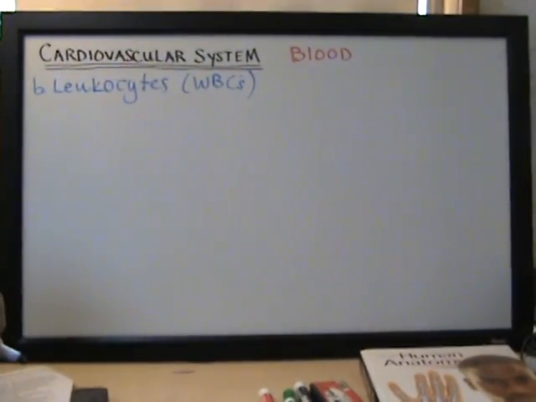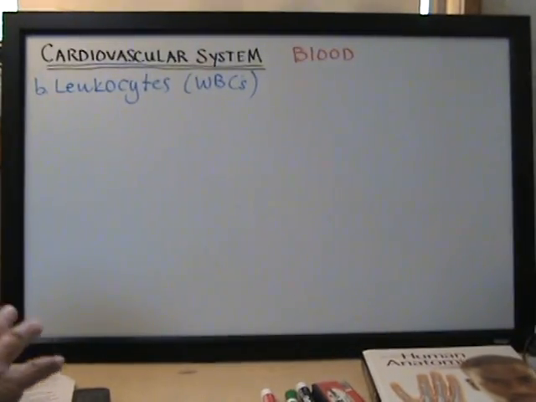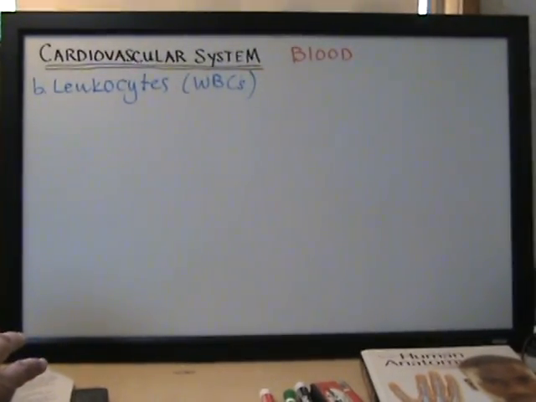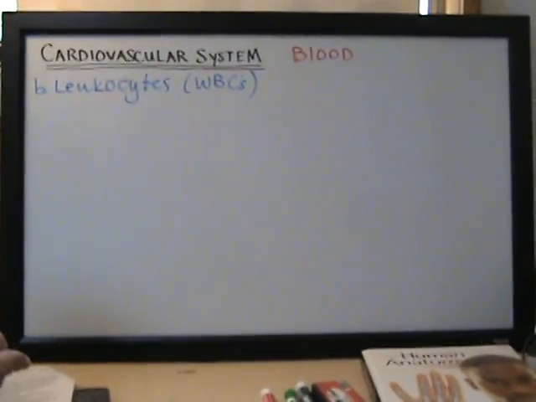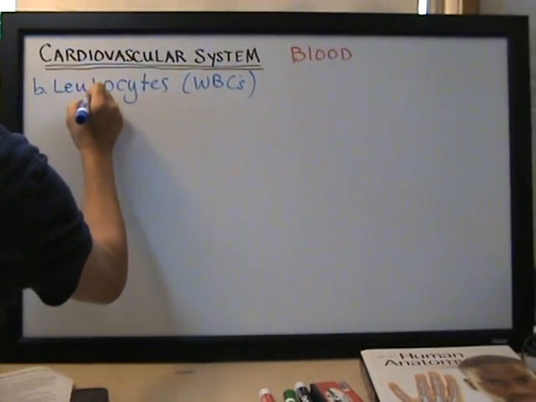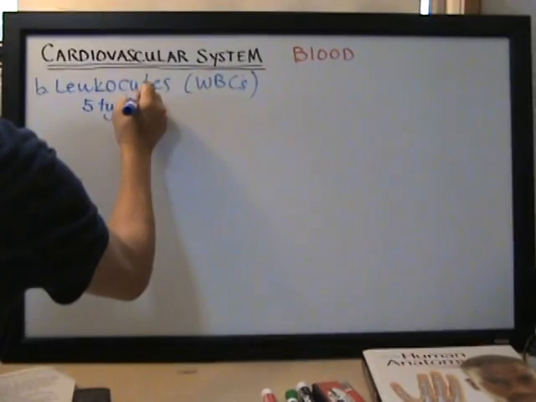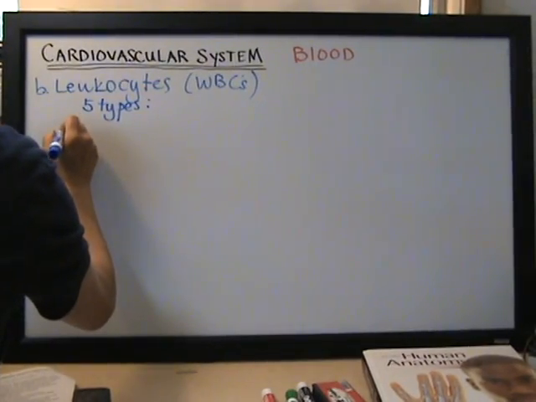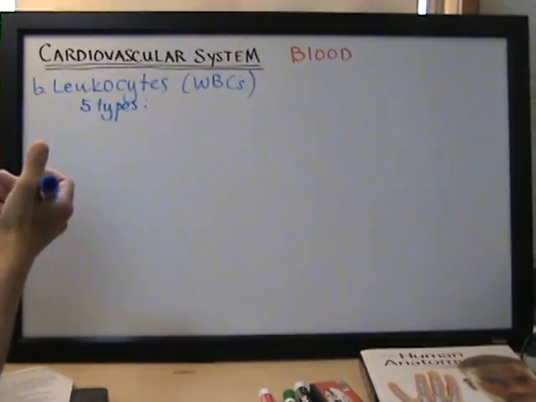There are 5 different types of white blood cells that you need to know. We can put them into 2 different categories.